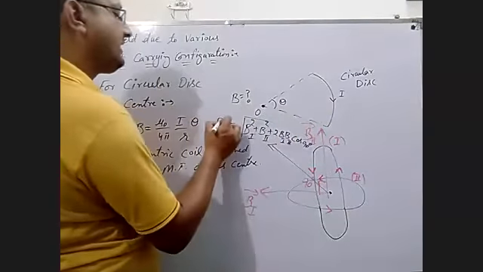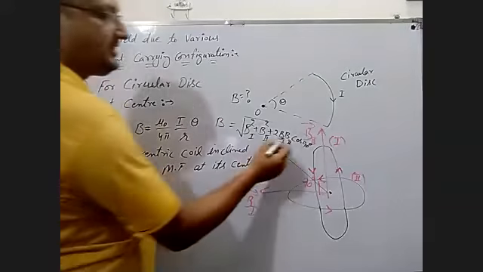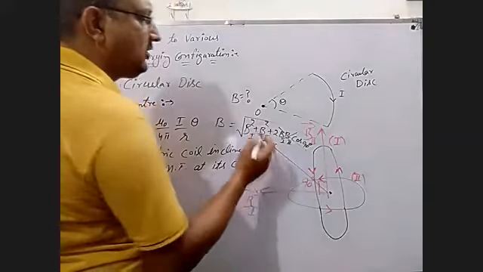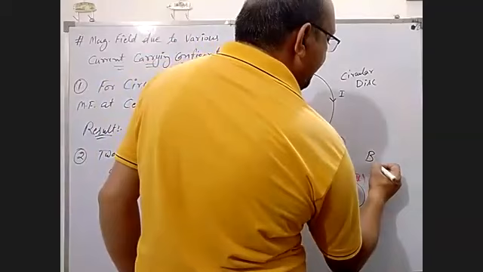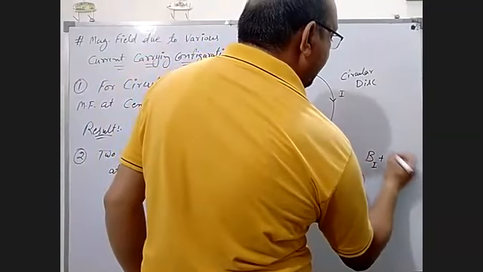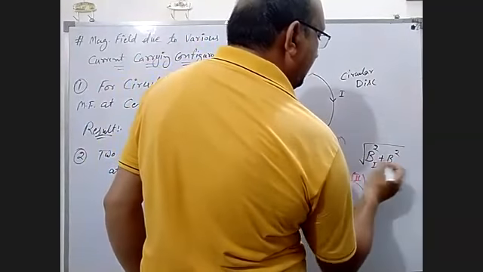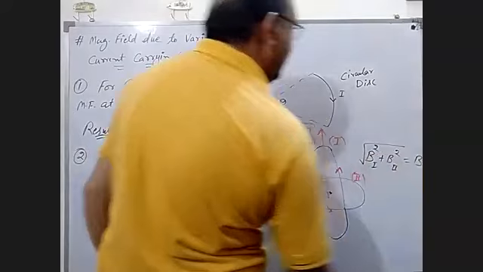In this way you can take the resultant. And this term cos 90 is 0. Only the left terms are B first, B second, whole under root. This gives you the result.